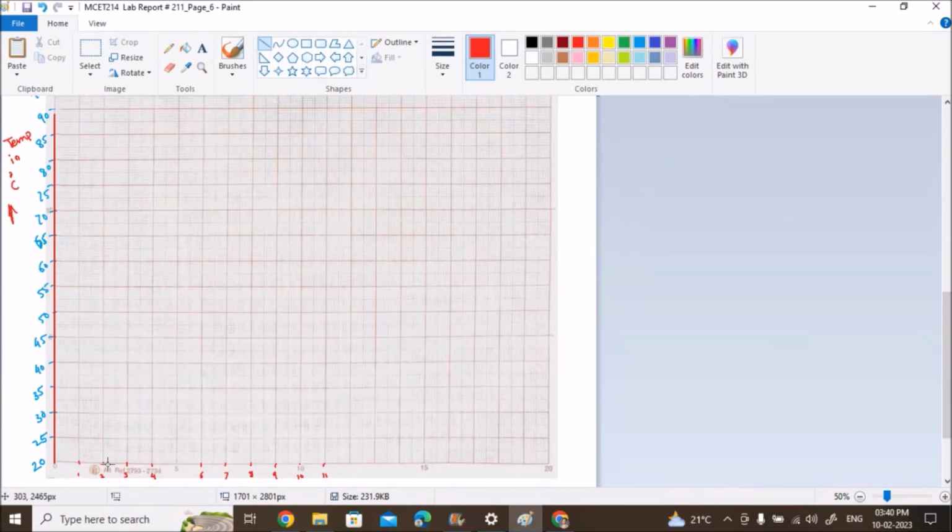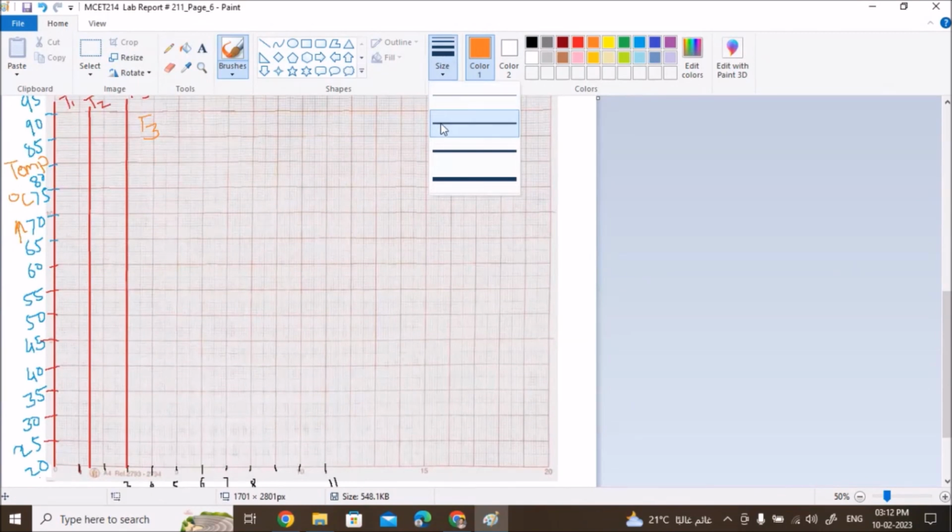Then the second line is plus 0.015. The distance between thermocouples T1 and T2, and between T2 and T3, is 0.015. So I will mark it here. This is temperature T2 and this is temperature T3.